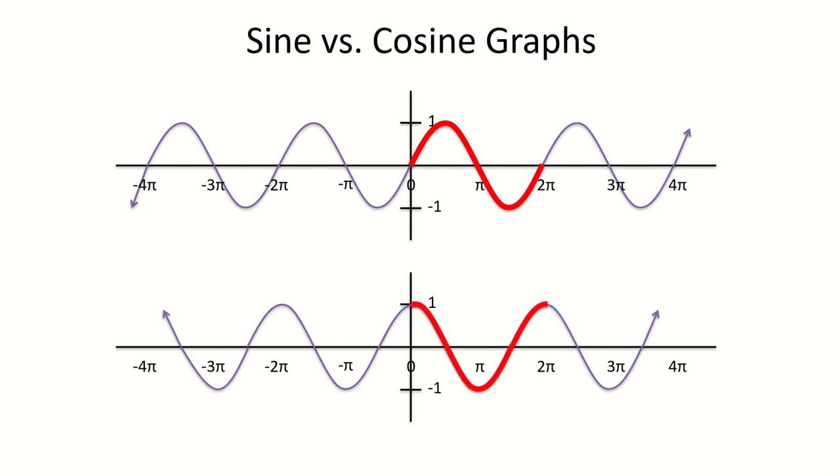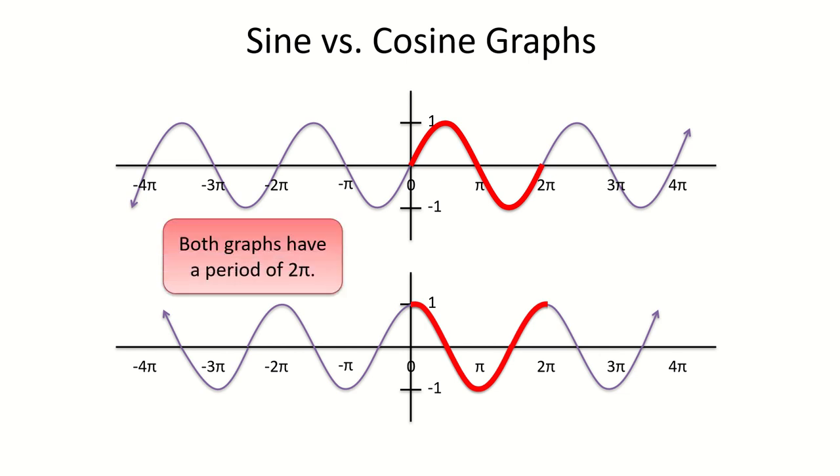That's one full cycle. And that should make sense because we went around the circle, which has a measure of 2 pi radians. Both graphs also have an amplitude of 1. And since they came from the unit circle, which has a radius of 1, that makes sense that that's the biggest they could get.